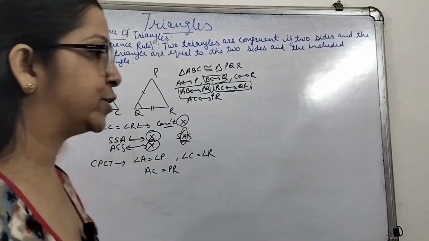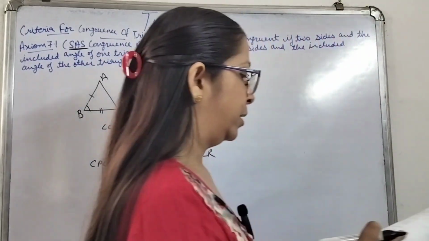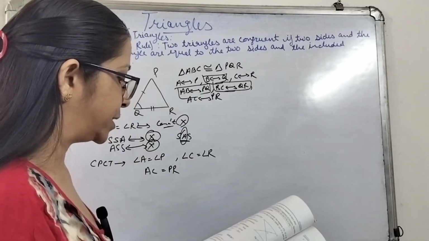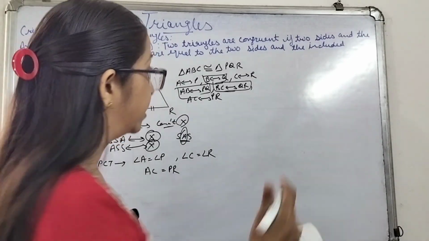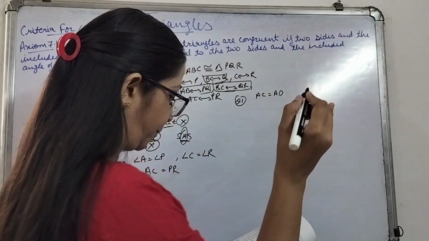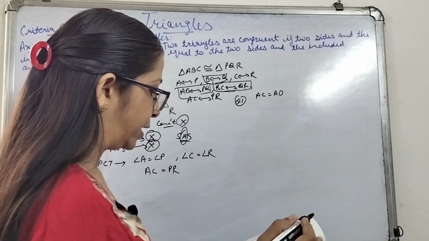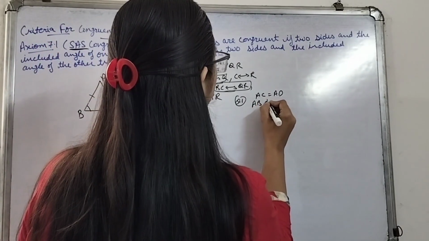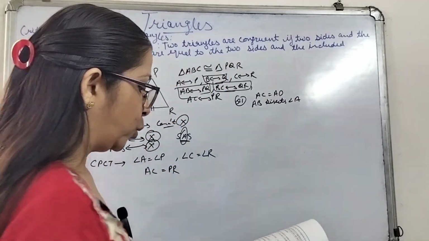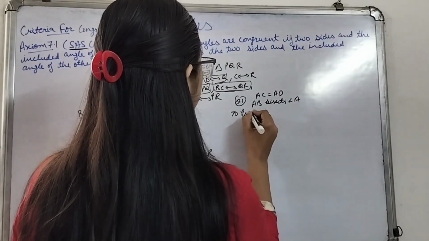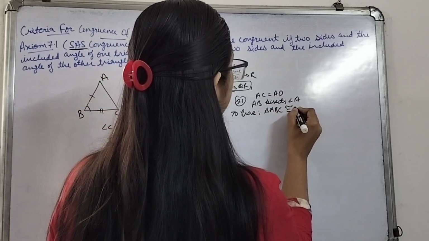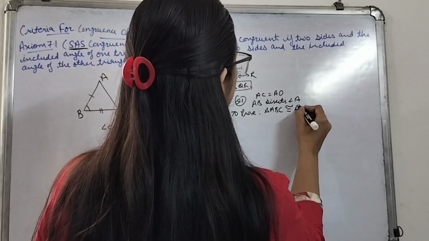Now let's see one of the questions from exercise 7.1. That is question number 1. In quadrilateral ABCD, AC is equivalent to AD, and AB bisects angle A. What we have to prove is that triangle ABC is congruent to triangle ABD.